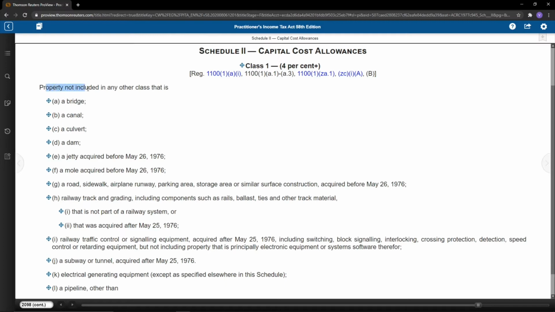It says property not included in any other class, that is paragraph A, a bridge, B, a canal, C, a culvert, D, a dam, E, a jetty, acquired before May 26, 1976. F, a mole, acquired before May 26, 1976. And on and on and on it goes.